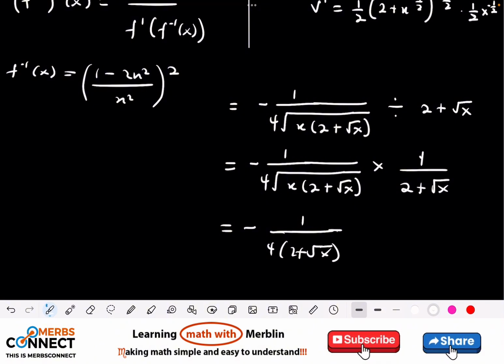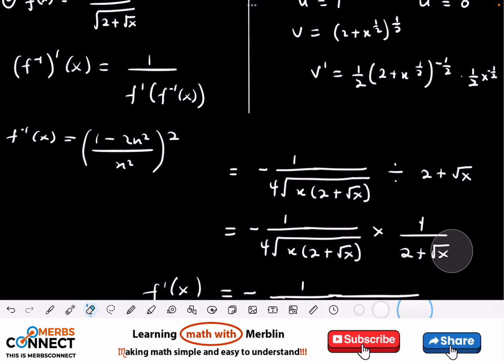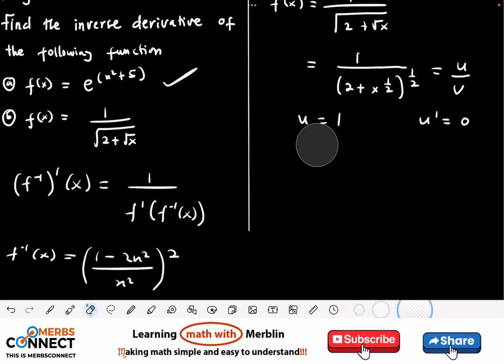Then I have times root of x, 2 plus root x. Good. So this is the f prime of x. So you can see how complicated this one is, but we can do it.